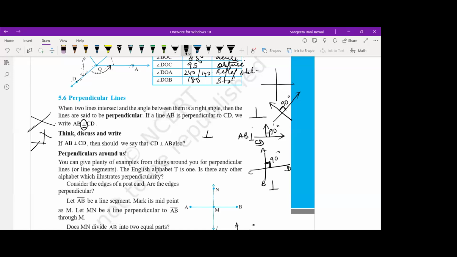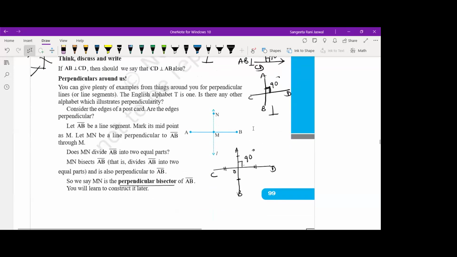And there is one more term that you studied, that is perpendicular bisector. A perpendicular bisector makes a 90 degree angle between the two lines, and at the same time those two lines are divided into equal parts. Like suppose AO is equal to OB, and similarly CO will be equal to OD, right?